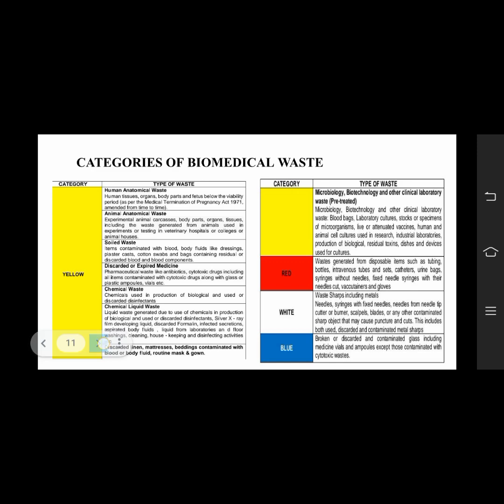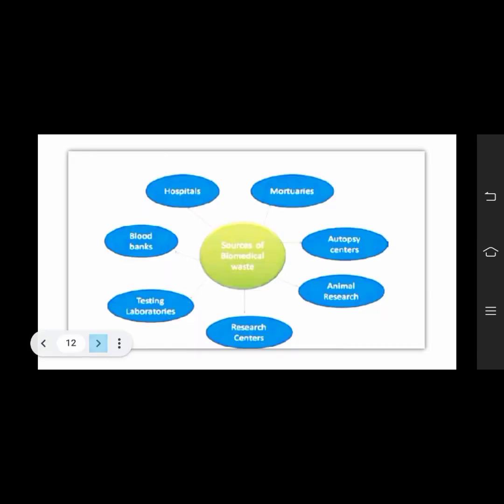Then we also find out the sources of biomedical waste. This is a very important thing to know, where this biological waste is generated, from which part of the organization it is generated.